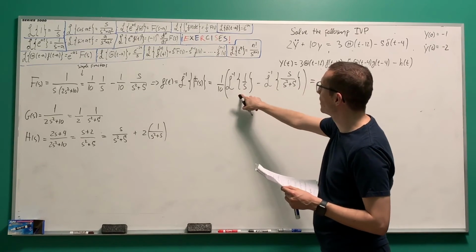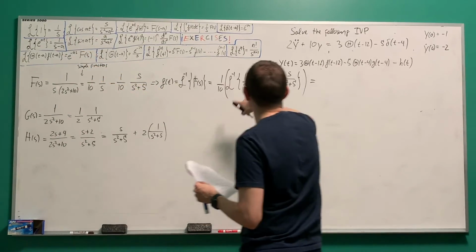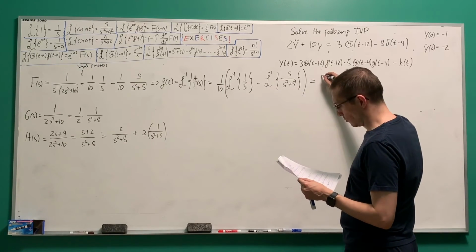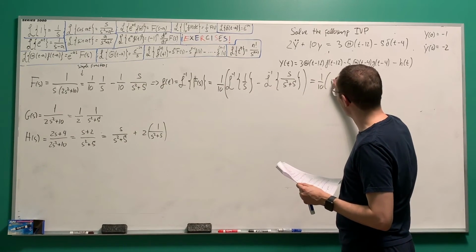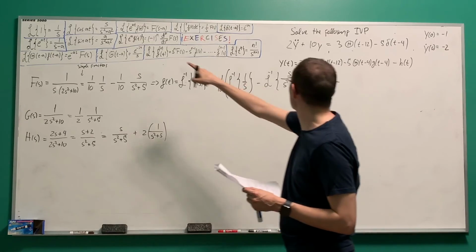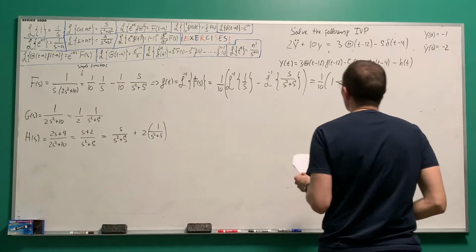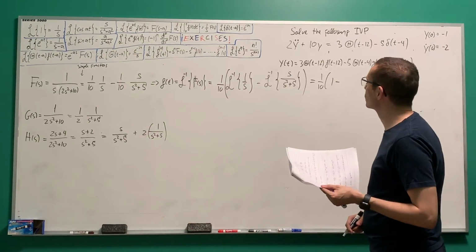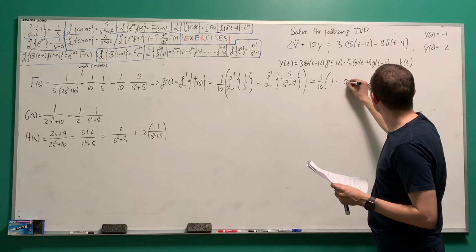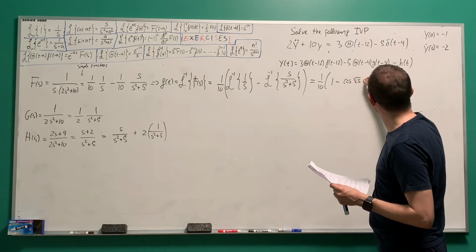This thing is the Laplace of 1, so the inverse Laplace of 1 over s is 1. So it's 1 over 10 multiplying 1 minus, and this thing is a cosine, such a clear cosine, where a is the square root of 5. So this is the cosine of square root of 5 t.